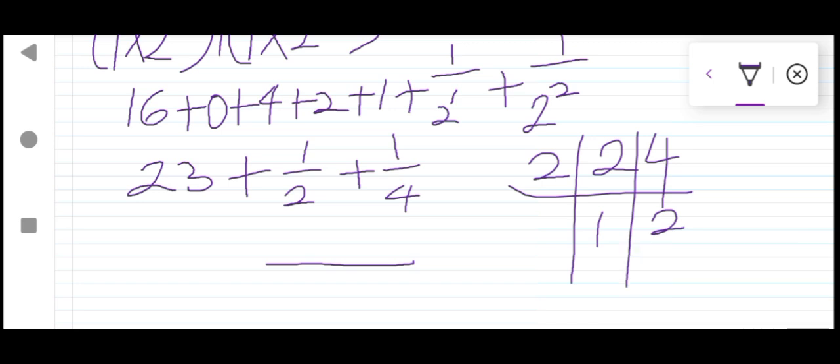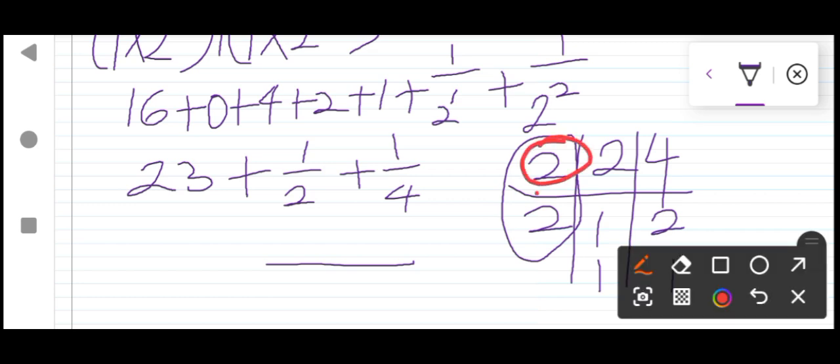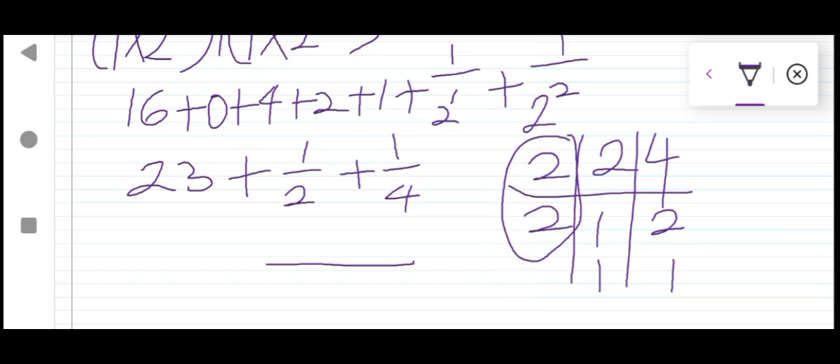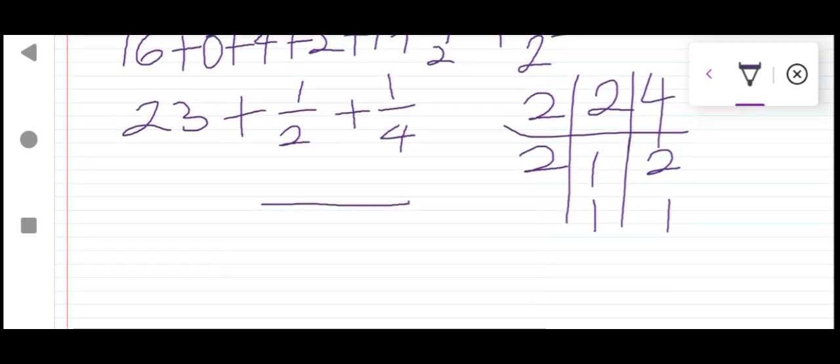Another number which can divide out is 2. 2 in 1 still remains 1, and 2 in 2 now remains 1. And what you do now is evaluate which are your factors, multiply them together, and that is 2 times 2, which is 4. So your LCM is 4.